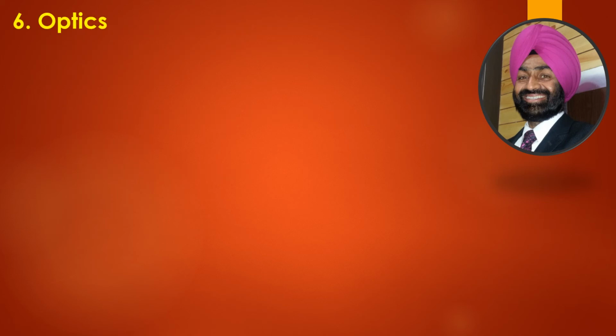Okay, so let's come to the last part, that is optics. In optics, the ray optical part is same as in your class 10th, that is lenses, mirrors, prism, etc. So spherical mirrors, that is concave and convex mirror, how is image formed, derivation of mirror formula, proving focal length is equal to r by 2. These are simple derivations.